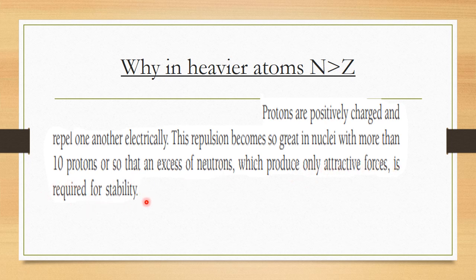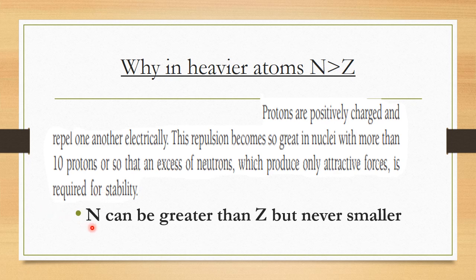That is why the neutron number increases when the atomic number is increased. In heavier atoms, the proportion of neutrons is more than protons. In any case, neutron number can be greater than Z, but it is never smaller.